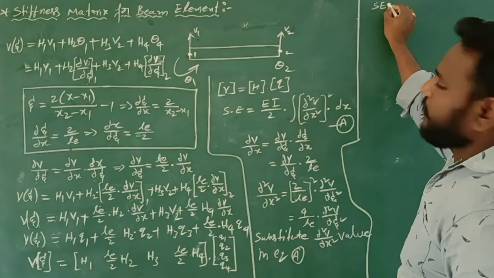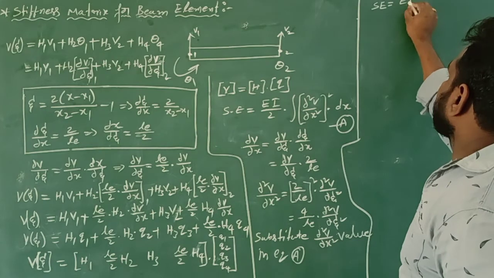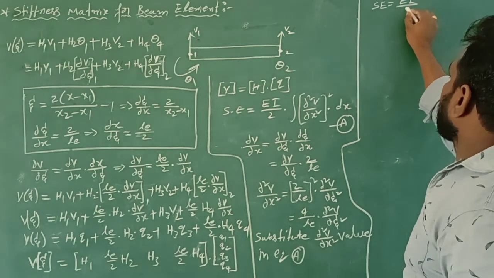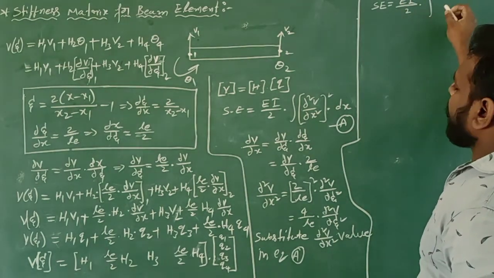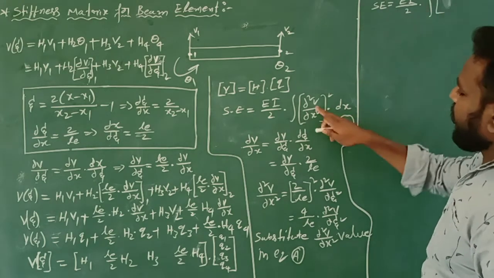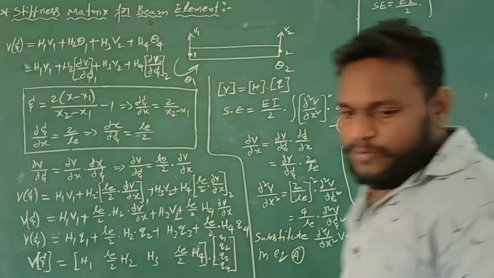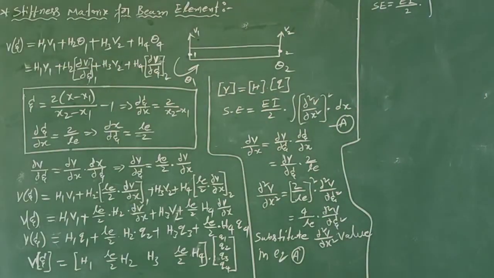Strain energy, you know very well, is equal to EI by 2 into integral of dou square V by dou x square, which means 4 by LE.